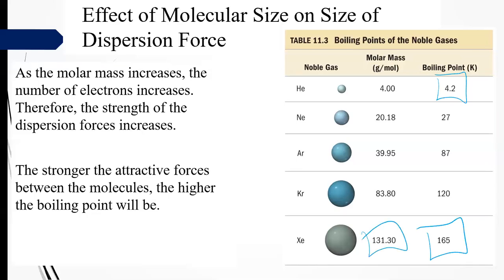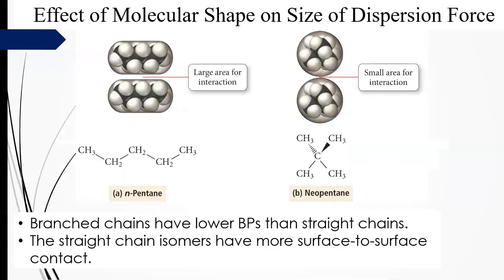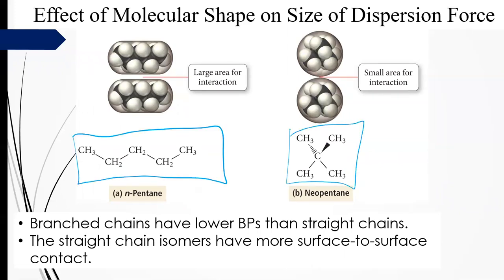So when you think about your London forces, you want to tie that directly with your molar mass. If everything is equal, your molar mass is going to separate which one has larger London forces. If one has dipoles and the other one is nonpolar, then that becomes a different part. We'll do that comparison later on. For molecular shape, what you really want is long chains as compared to these branched ones.